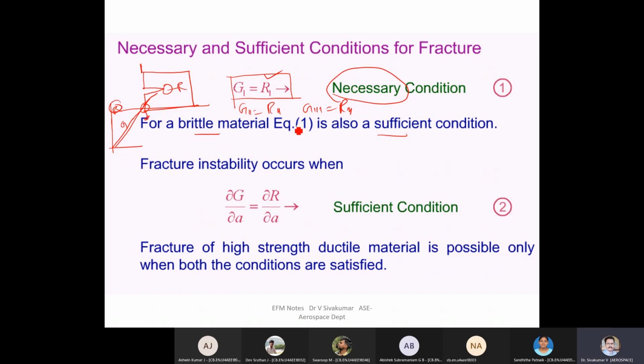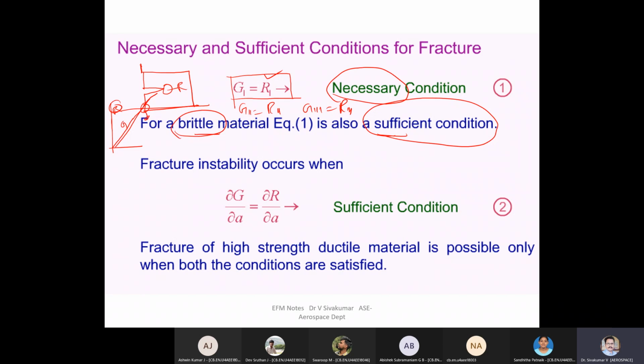For brittle material, this is also a sufficient condition. There are two conditions: one is the necessary condition, another is the sufficient condition. Brittle materials, you know the behavior.